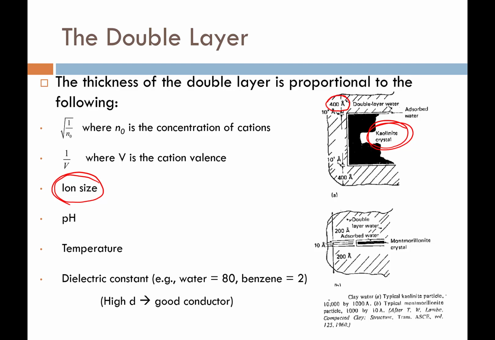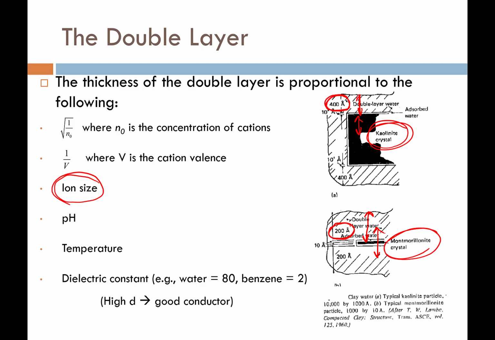We have 400 as our units right there. And here's montmorillonite, a much smaller ion. Its double layer is only 200. So half. But proportionally, the thickness of this double layer in kaolinite is much smaller relative to the total size of the clay ion compared to the thickness of the double layer in montmorillonite relative to the size of the ion for montmorillonite.